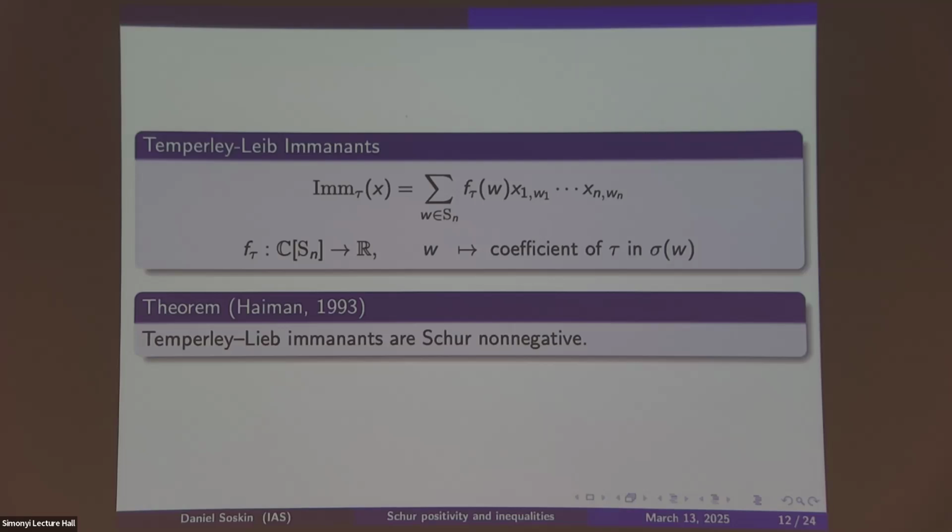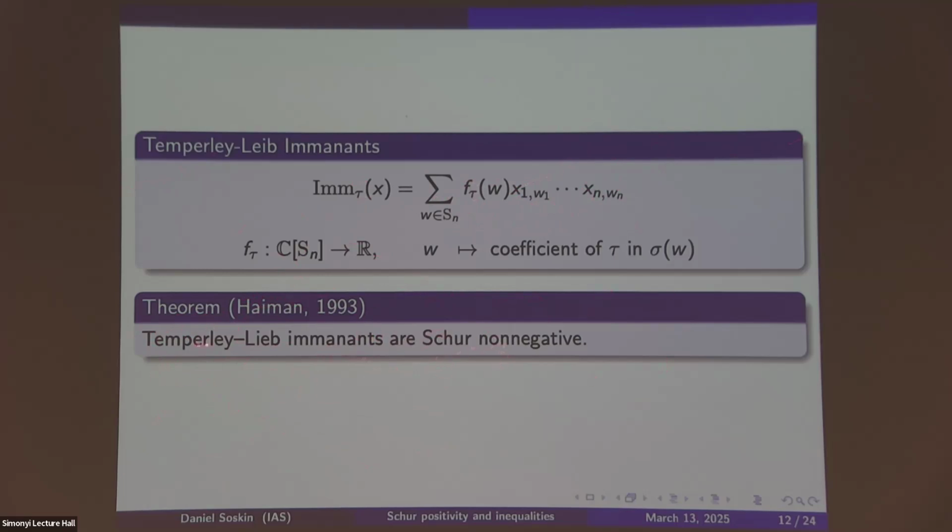So we can also define what it means for such an immanant to be Schur positive. Well, it's a polynomial in matrix entries, but if you evaluate it on a Jacobi-Trudi submatrix, then it's a symmetric function. And then we just use the usual definition of a Schur non-negative function.